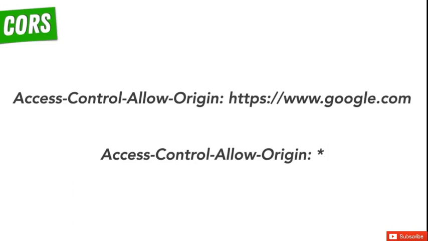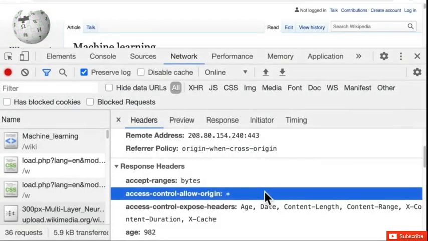The origins that you allow in the header are your whitelist, and you're denying all other origins. Back to our Wikipedia example for a second.